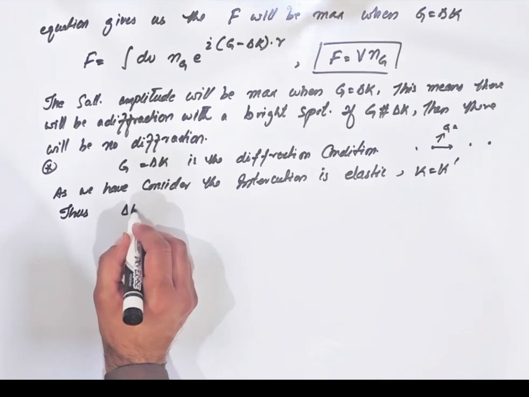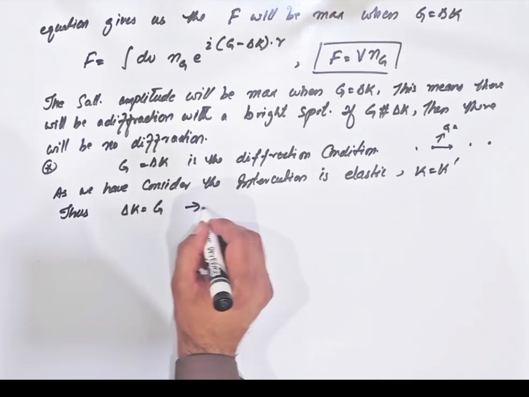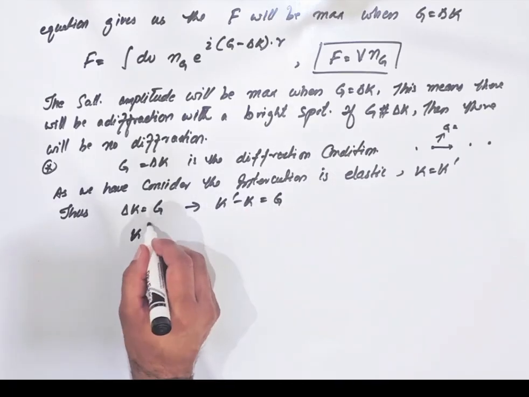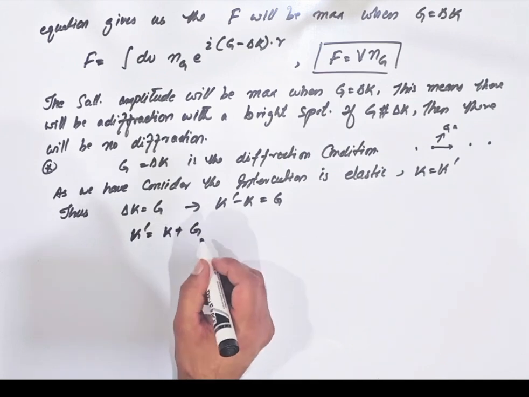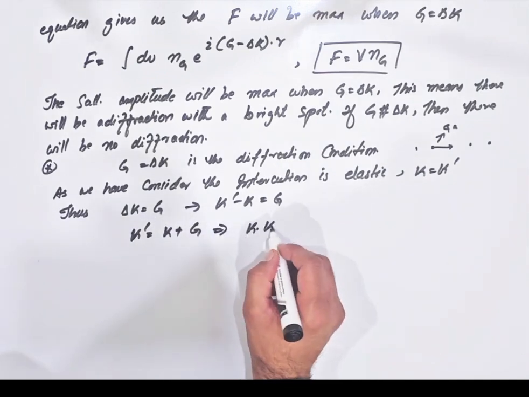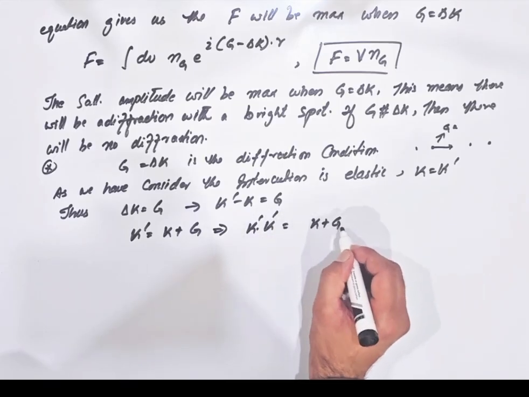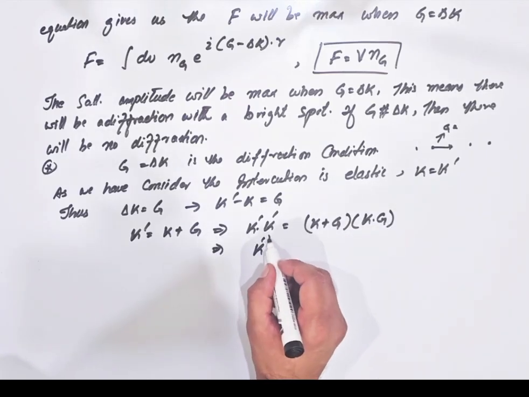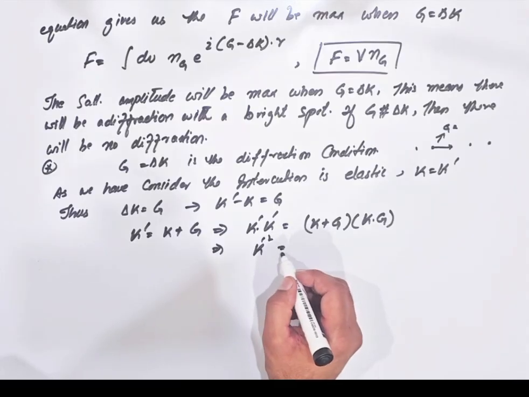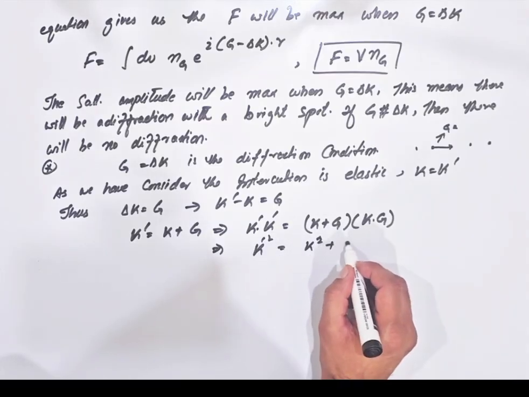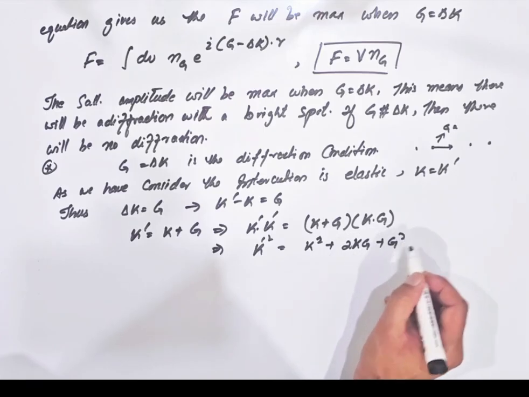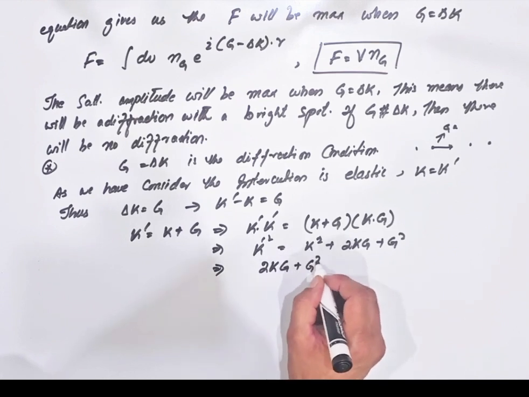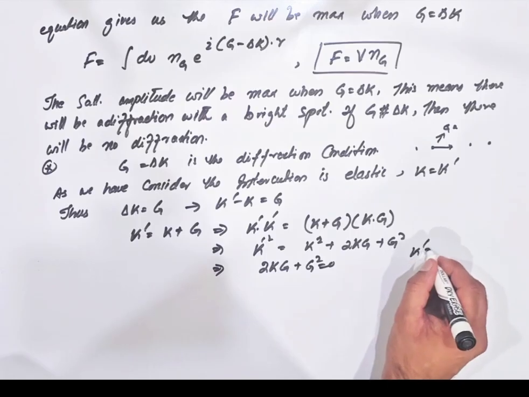Thus, del k is equal to G, or k prime minus k is equal to G. That is, k prime is equal to k plus G. Let us check with a simple mathematical tool: k prime square is equal to k square plus 2k dot G plus G square, which gives us 2k dot G plus G square equal to 0, since k prime is equal to k.